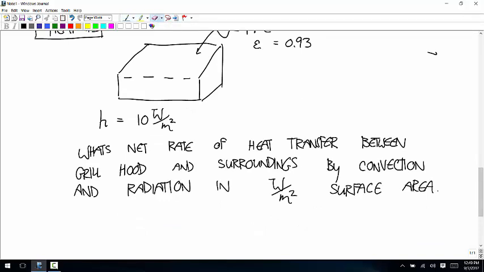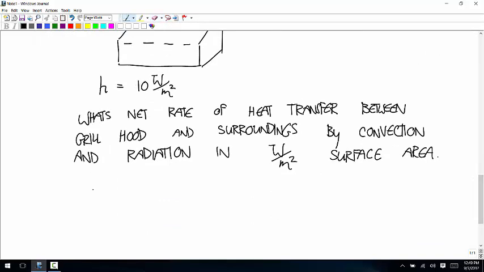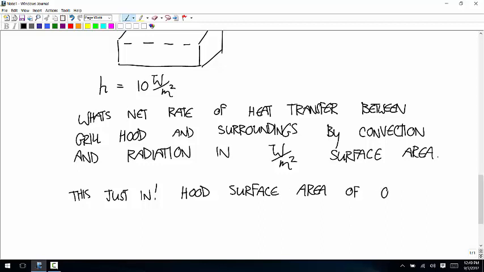So let's say that the hood has a surface area of, what, half a meter squared? Okay, let's just do it for this area.